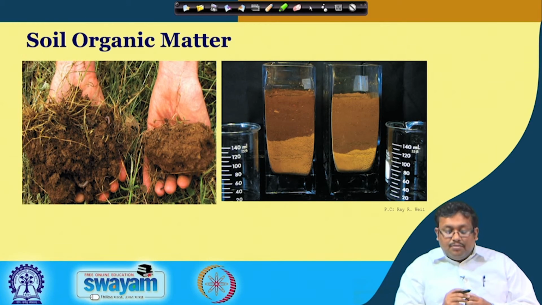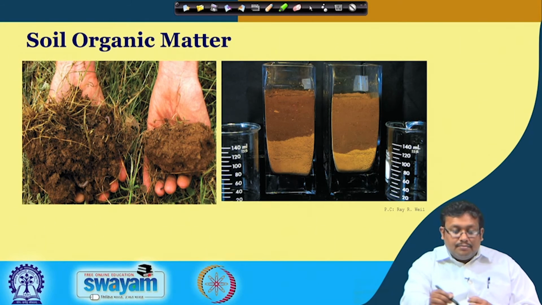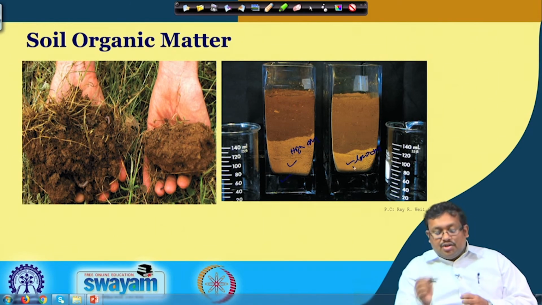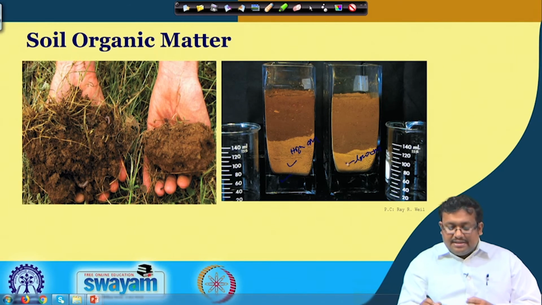For example, in the rightmost picture, this container and this container contain two different soils with varying amounts of organic matter. This container contains high organic matter and this container contains low organic matter soil, and as you can see, due to the change in the content of soil organic matter, the water holding capacity changes.